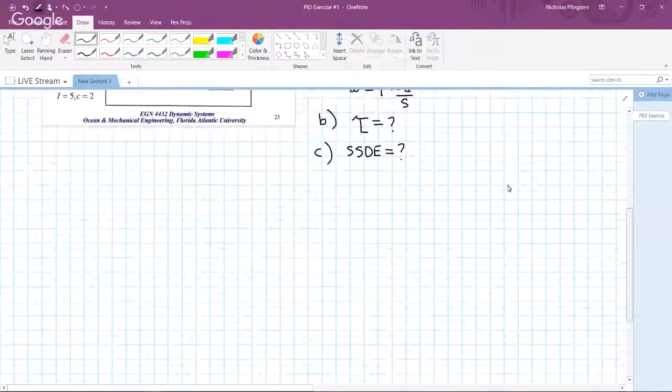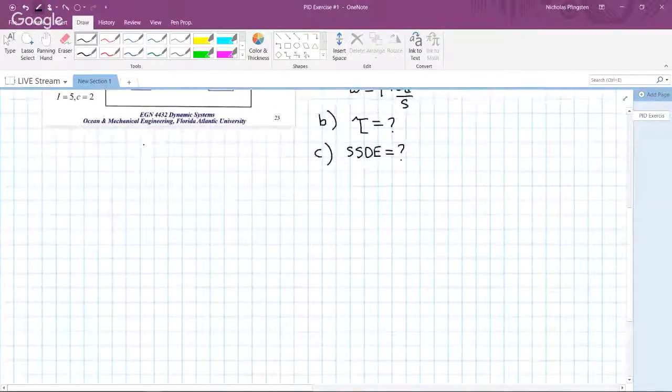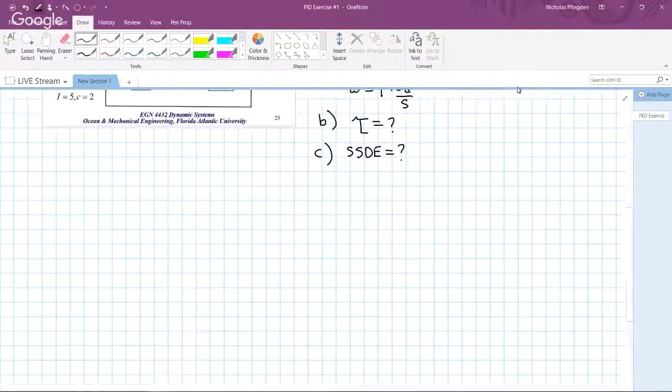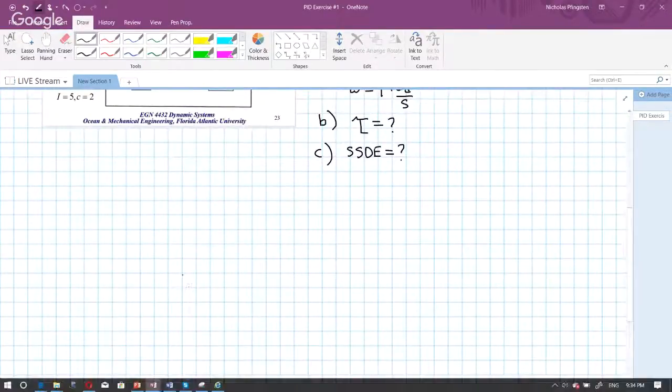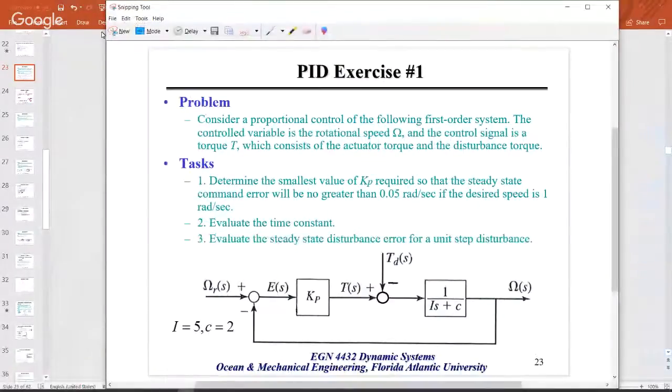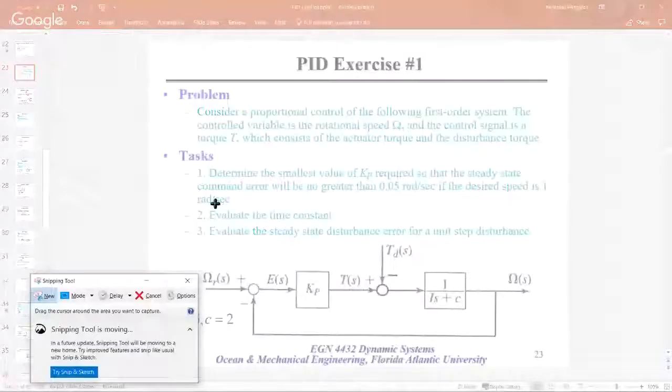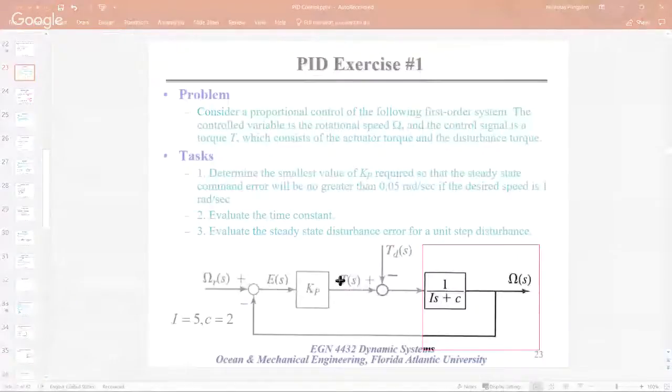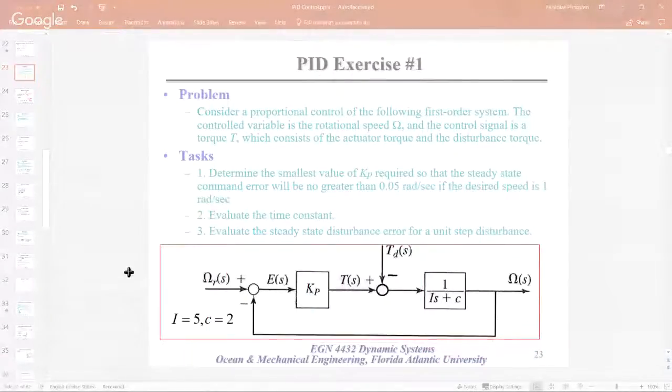So the next thing we need to do in the first part of doing this problem is finding the closed loop transfer function. So the first thing I'm going to do is pull up the PowerPoint again. I'm only going to snip the block diagram. And we are going to do both ways.